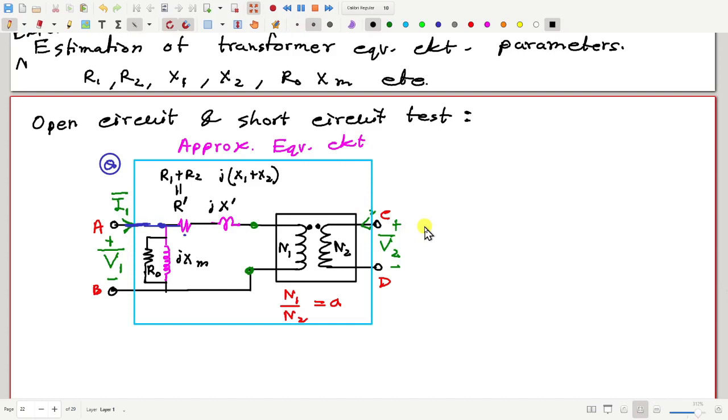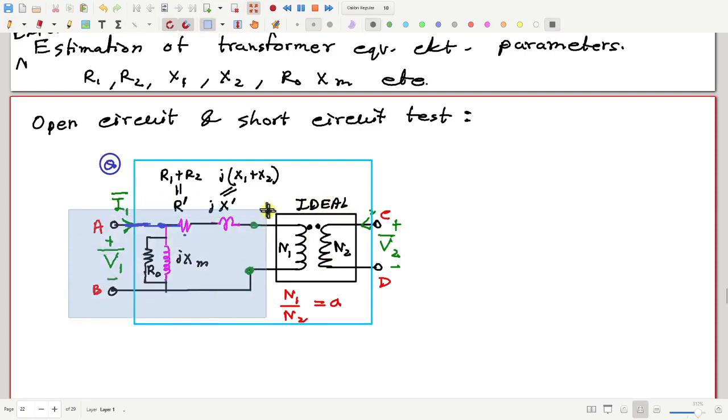Now, let me see whether you can tell me some procedure. Suppose this transformer is not there and this is directly connected. Under that simple situation, when this ideal transformer is not there, if I just give you this part of the circuit, maybe I copy it.